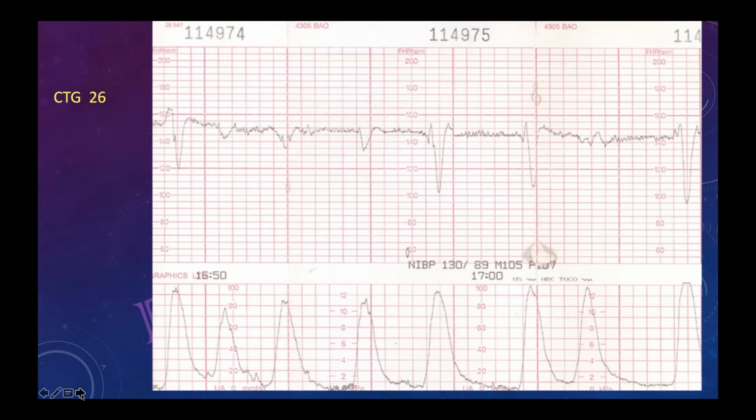Fine. So if it's a 30-minute trace, then they'll start to become suspicious and then pathological? Yes. So with every trace, you have to see how many minutes they have done. According to that, you have to find out what the features are. According to the features, you have to find out the category. Okay, thank you.